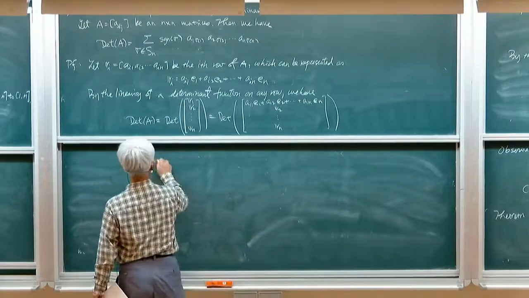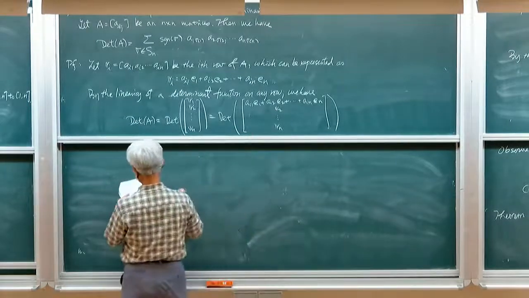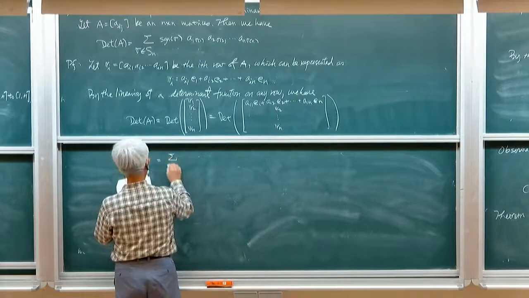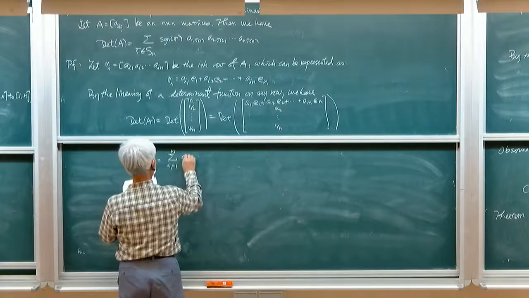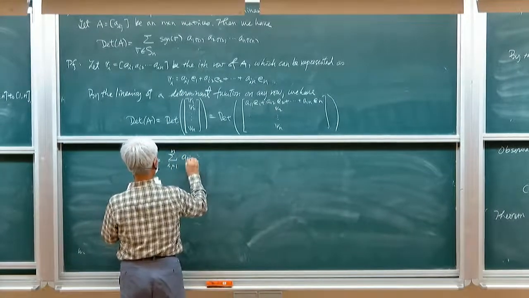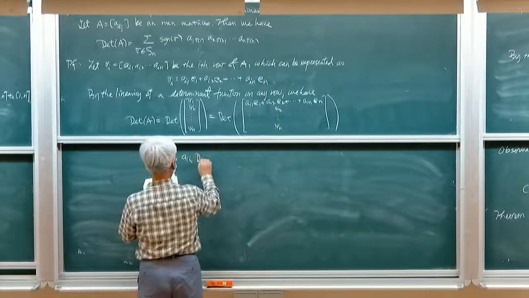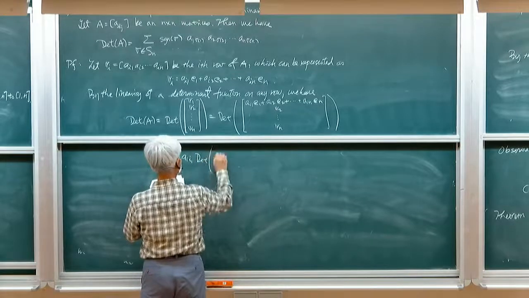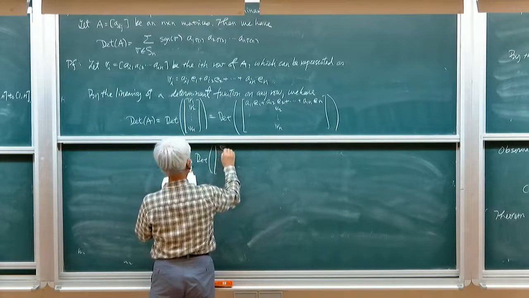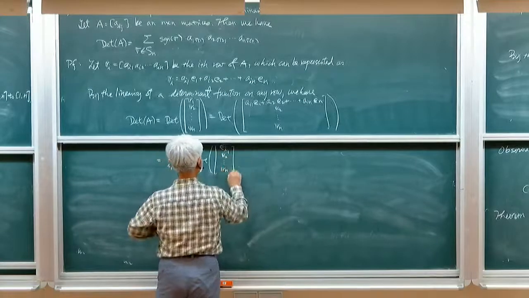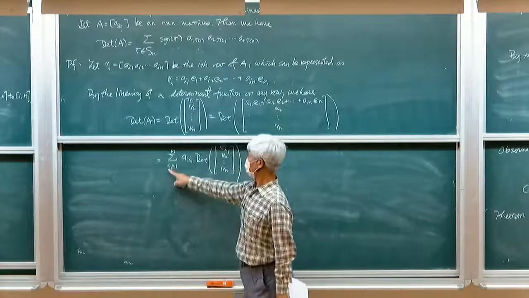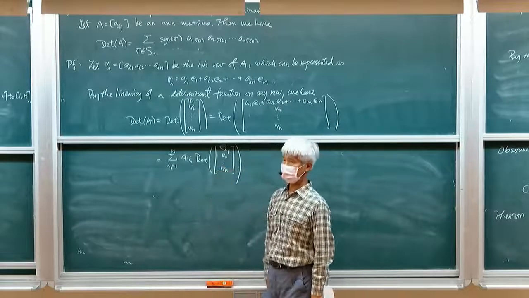All right, so by linearity, here we have the summation over i1 from 1 to n of a1,i1 times the determinant of e,i1, R2 up to Rn. So the index is i sub 1.